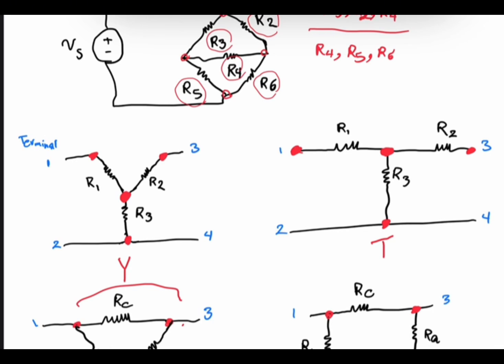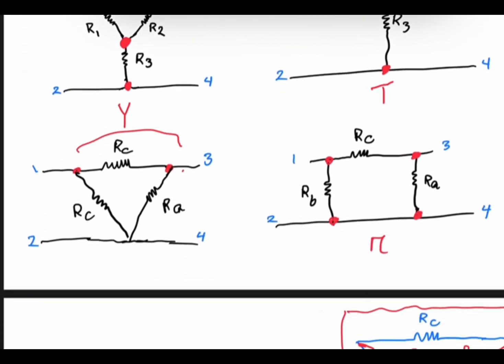What is the delta network? In the delta network, each resistor is connected between two outer nodes. Look, resistor RC is connected to two outer nodes. Sorry, this is resistor RB, which is also connected to two outer nodes.